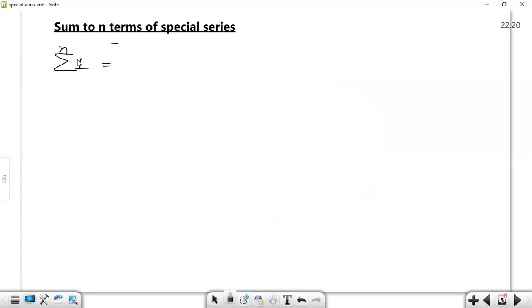So this is a constant function, so its output will remain the same for n equals 1, for n equals 2, and for n equals 3. It will repeat itself n times. If one is added to itself n times, it becomes n only. Okay, understood?